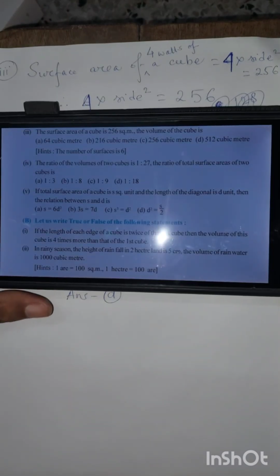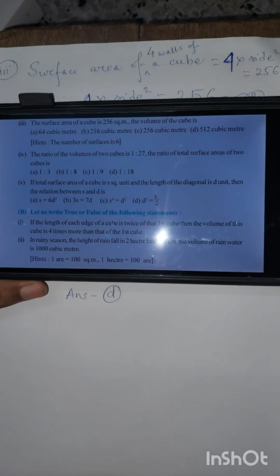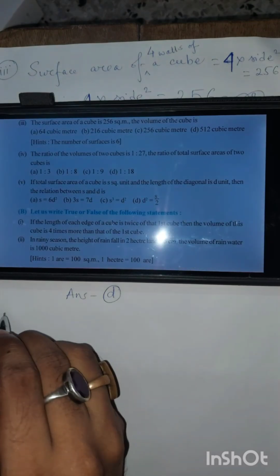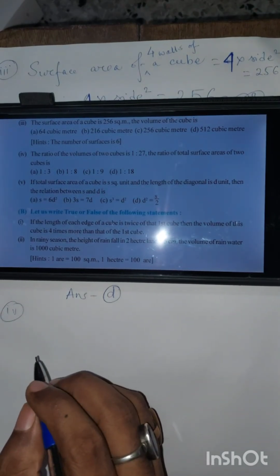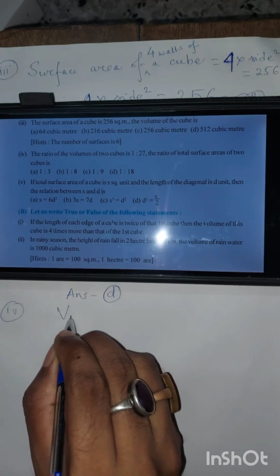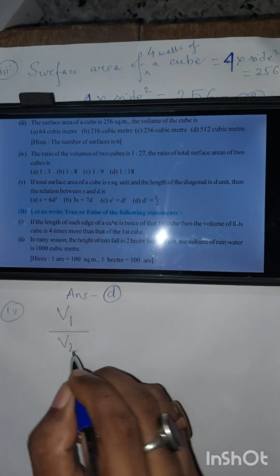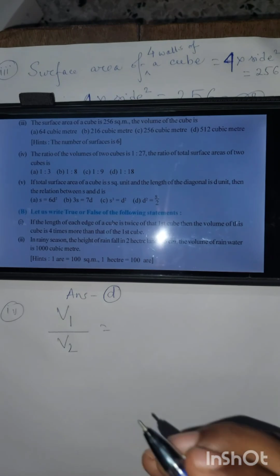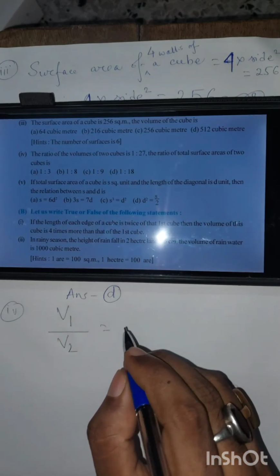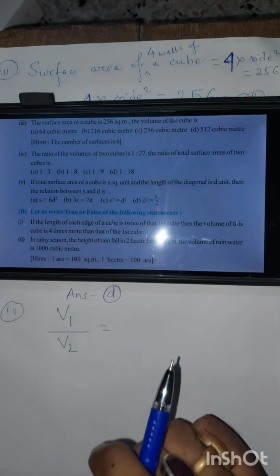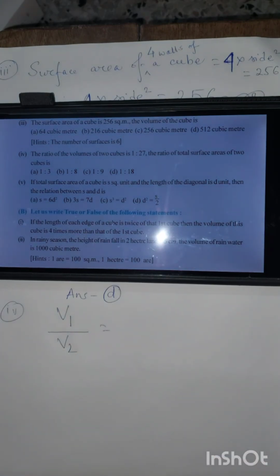Now question number 4 says the ratio of the volumes of two cubes is 1 is to 27. The ratio of the total surface areas of two cubes is... So the ratio of volumes is given. So volume 1 by volume 2 is given, for two cubes.